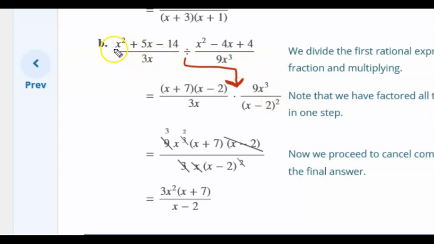So you're going to factor this, which is what they've done here, and factor this. I would have left it just x minus 2. They have it squared, that's okay. And then now you're going to cancel. They're canceling out one of those.